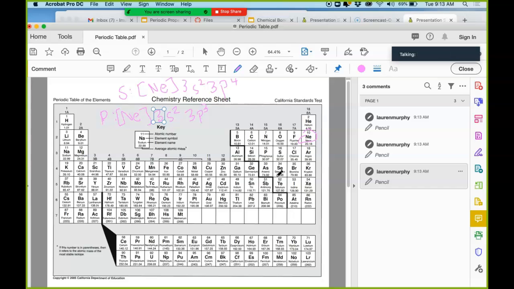So you go, okay, well, on the third energy level, on n equals 3, which types of orbitals are there? Are there s orbitals? Yes. Are there p orbitals?